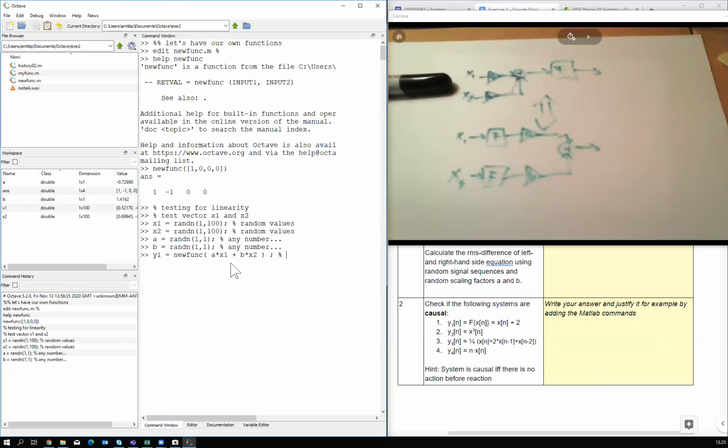So this is the upper part of this flow diagram. We weight the inputs, sum them together, feed it through the system. So this is the first output.